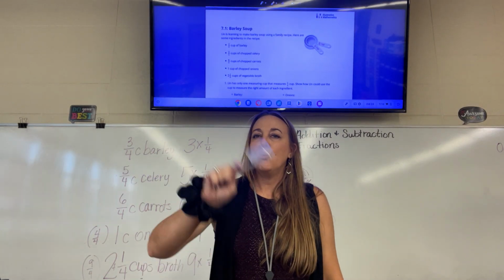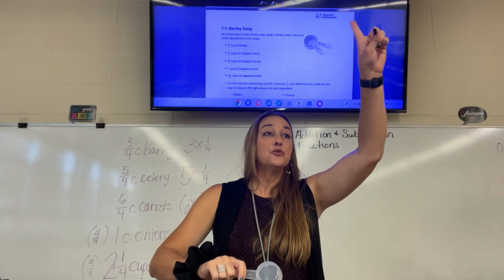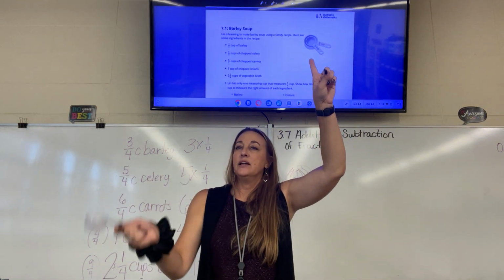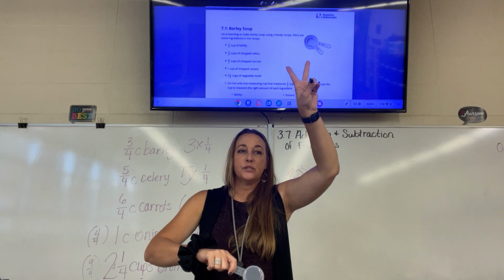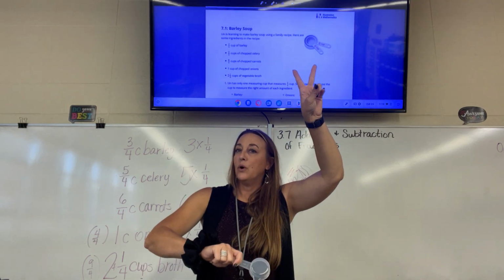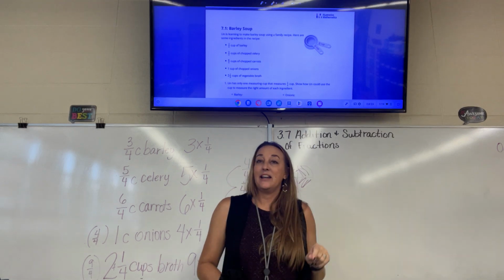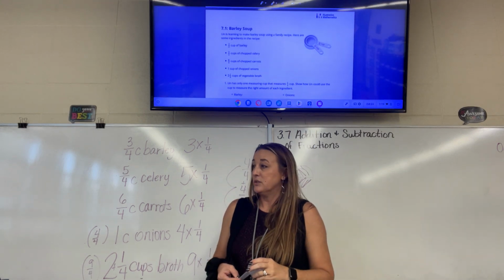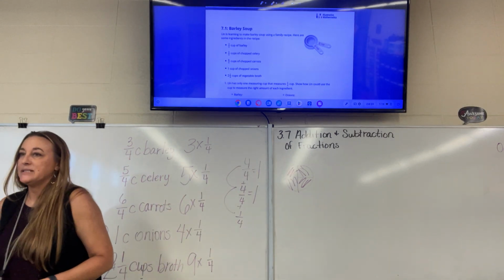I'm gonna go 1, 2, 3, 4. That's 1 whole, right? 5, 6, 7, 8. That's 2 wholes. 1 more is gonna give us that extra 1/4. 9/4 altogether is 2 wholes and 1/4. You with me? Yes. Okay, Colton, does that make sense?